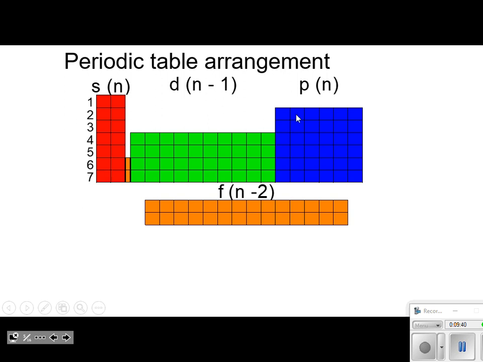Look at this blue block here. This blue block is the p orbital. If you count, starting right there with boron, carbon, nitrogen, oxygen, fluorine, neon, those 6 are p orbitals.